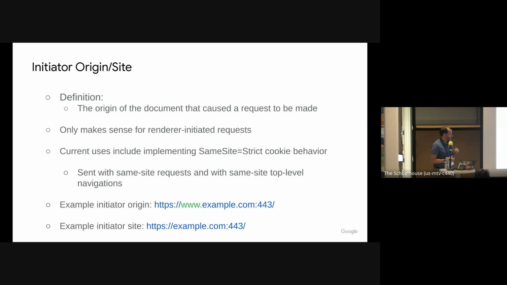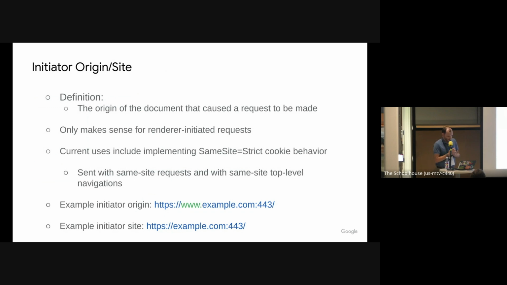Some of the uses of initiator today include implementing same-site cookies, determining whether same-site strict cookies or same-site lax cookies should be sent. Same-site strict cookies can only be sent for same-site requests or with same-site top-level navigations, so they are not sent with cross-site top-level navigations. The initiator is used to make that determination.